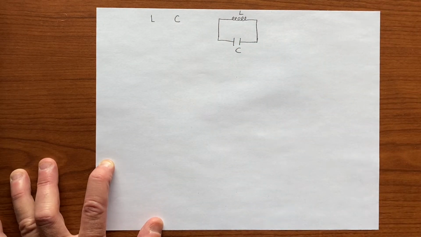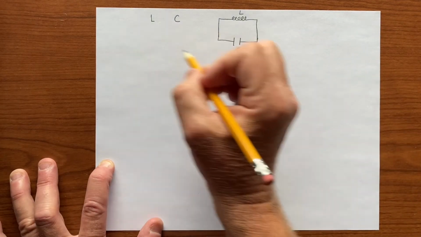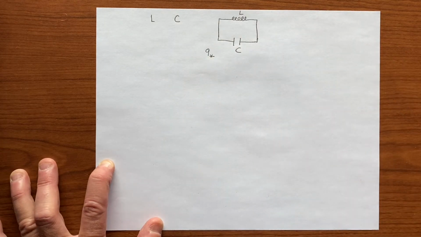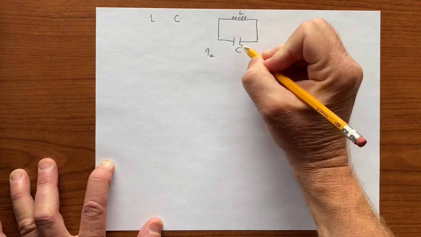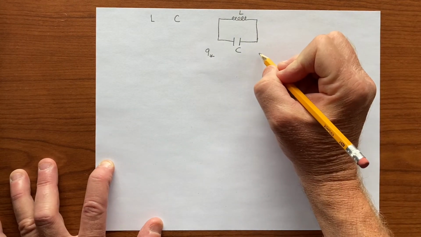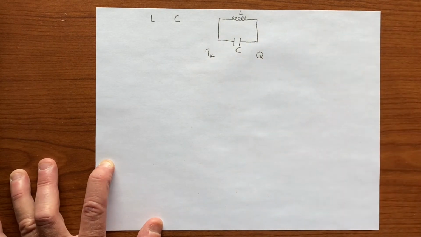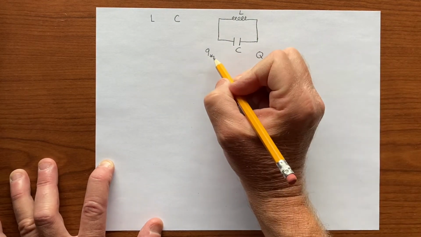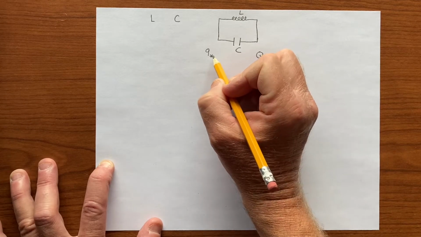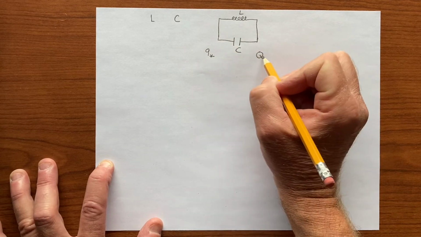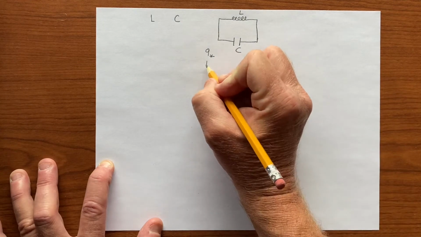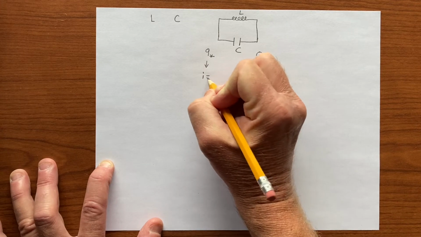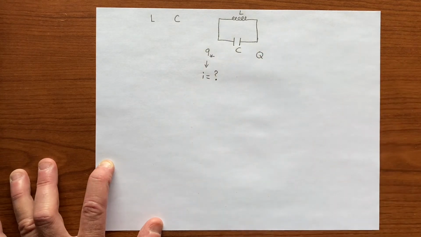At some moment in time, the charge on the capacitor is Q star, and the maximum charge on the capacitor is capital Q. But we are in a situation where the charge on the capacitor is Q star, not the maximum value. When that is the value of the charge, say we want to know what is the current in the circuit, or the current in the inductor.